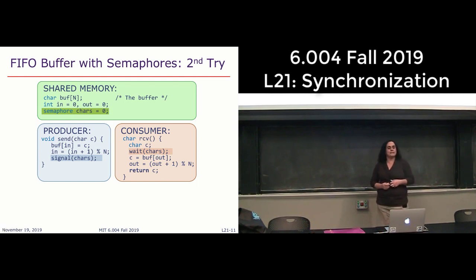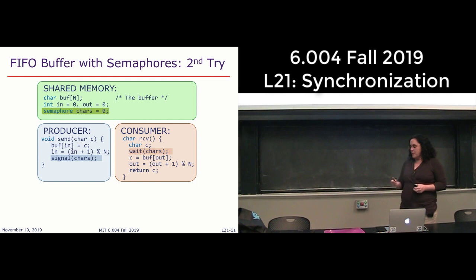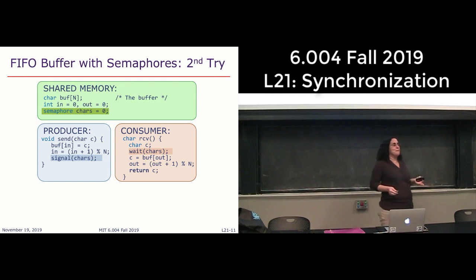Okay, so what happens? Initially, my semaphore is equal to 0. And so that means that this wait characters is just going to sit there and stall. It'll basically just keep waiting until the characters semaphore becomes a value greater than 0. Okay? So when does that happen? That happens after the producer has actually put something into the buffer. Okay?